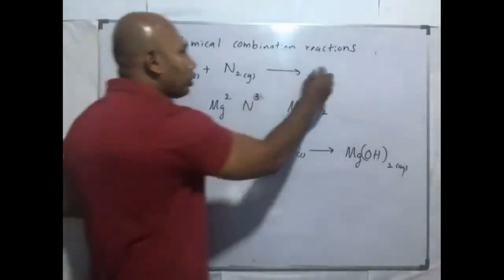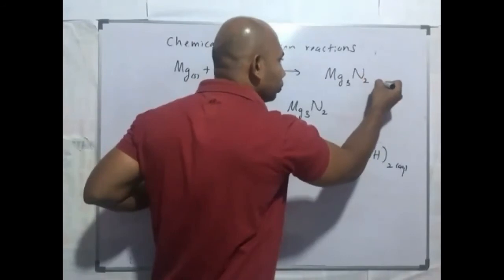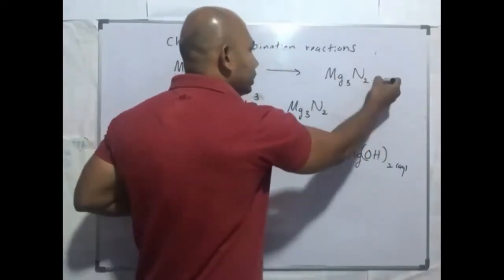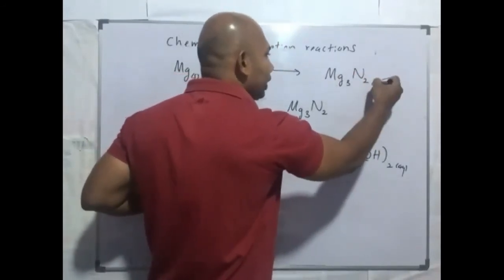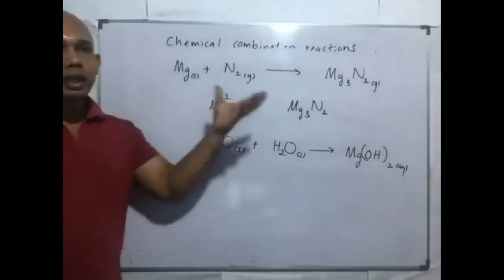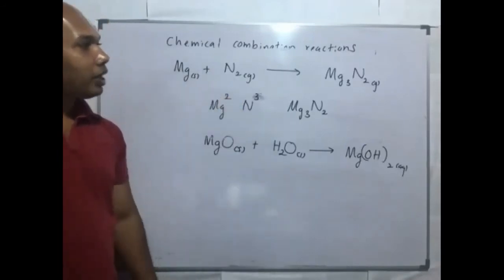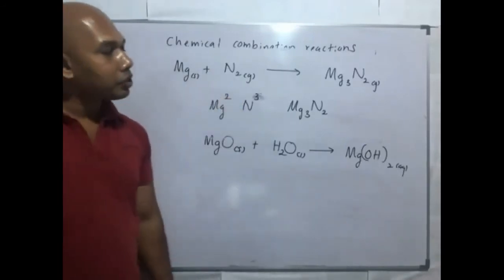Then write the formula Mg3N2, right? Because this reaction occurs at high temperature, magnesium starts to burn and makes the product magnesium nitride.